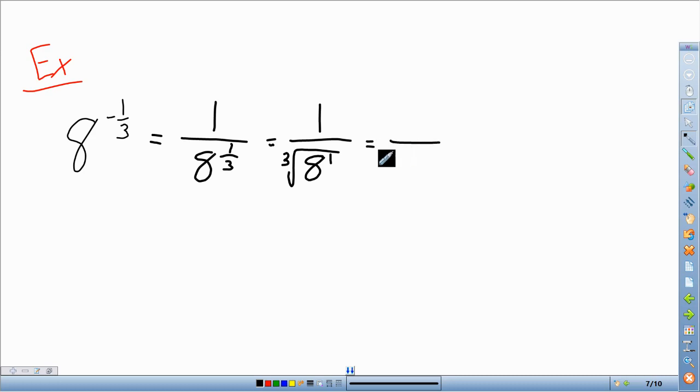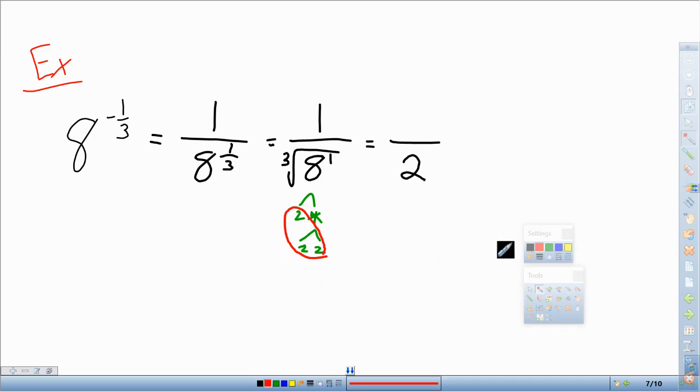We've kind of memorized the cube root of 8 is 2. But if you want to show yourself in your notes, 2 times 4, 2 times 2, and then this group of 2s means a 2 comes out. It's not a bad idea, but if you memorize some of these, more power to you. So there's our answer, 1/2.